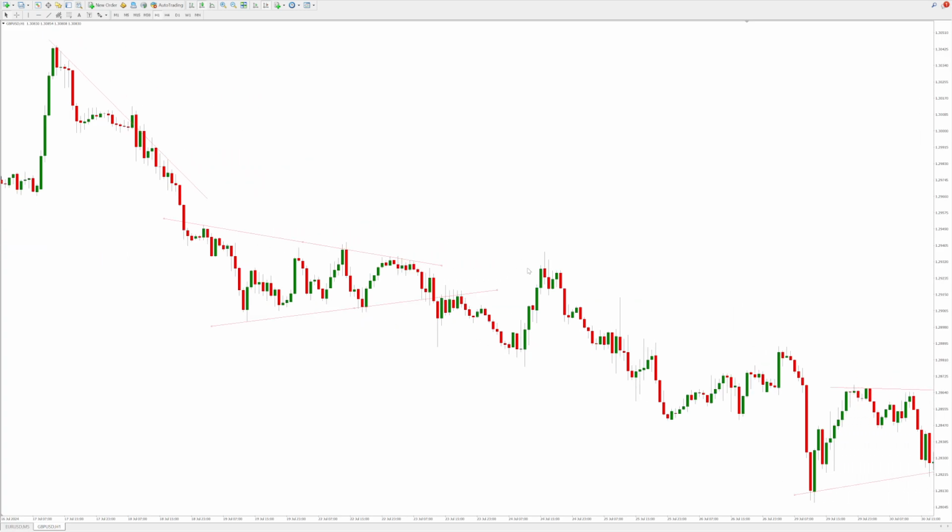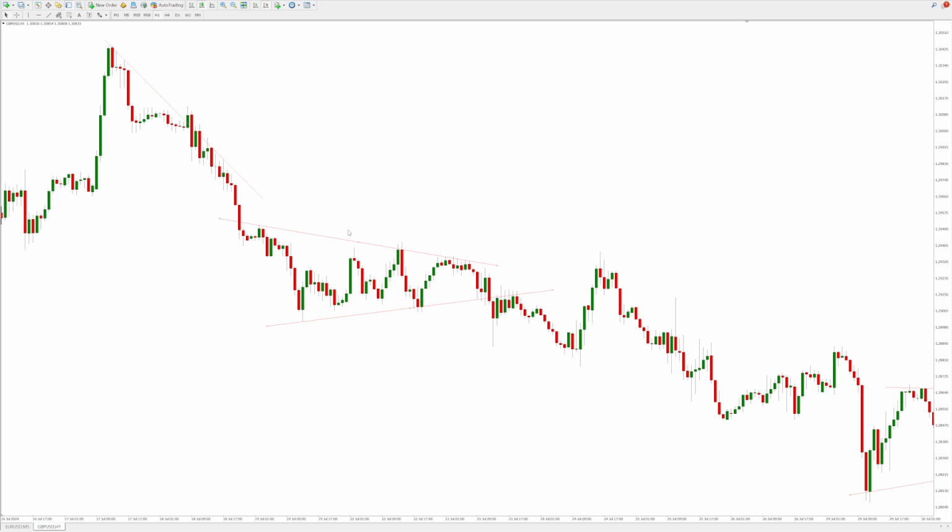So we mark the support, mark the resistance. So resistance, support is showing our wedge here. Okay. And we're going to look for breakout in the direction of the trend.